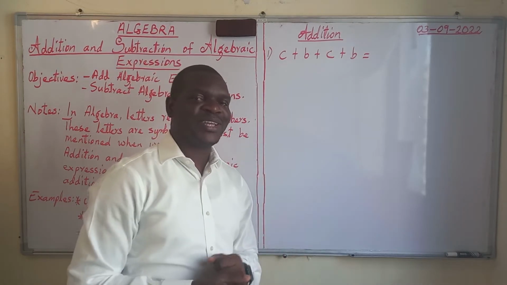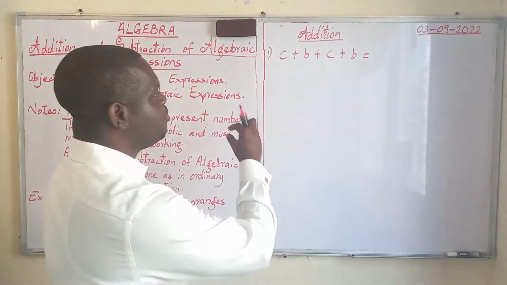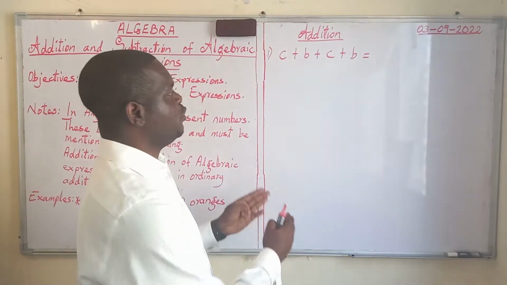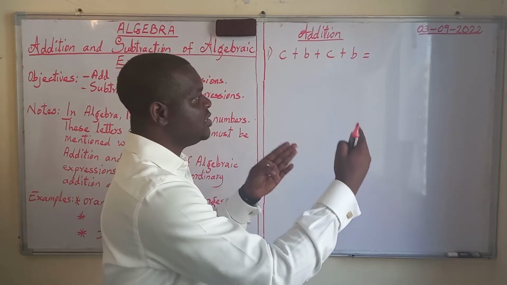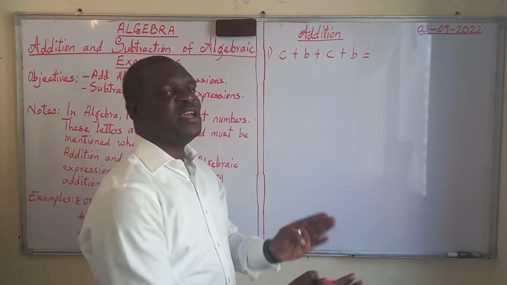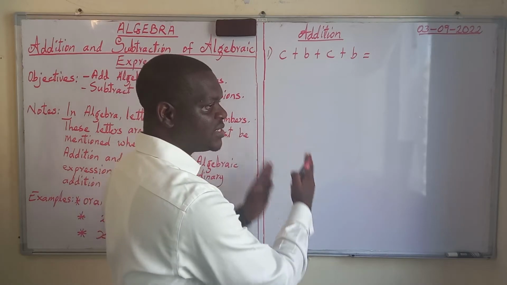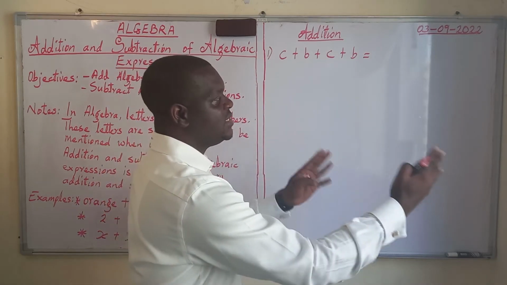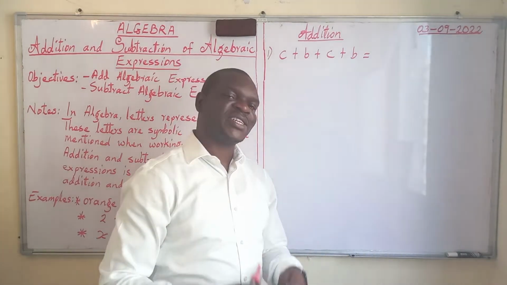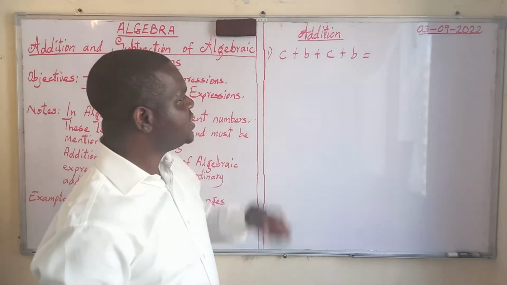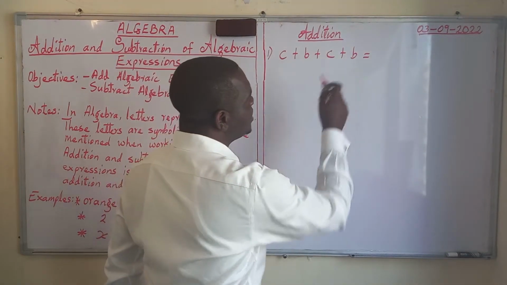Another thing to take note of is to try to place the terms in alphabetic order. That is, if you have A, B, C, D mixed, then bring A first, B together second, C together, D together, and that is going to help you find the correct answer. So in this case, we bring like terms together.